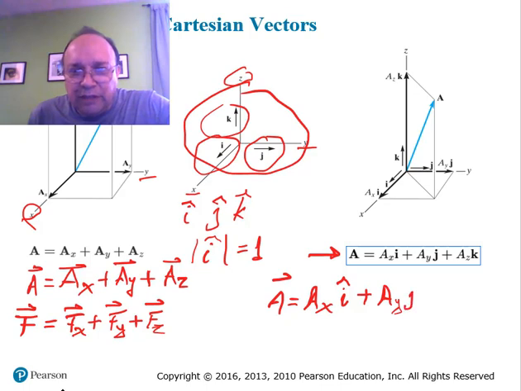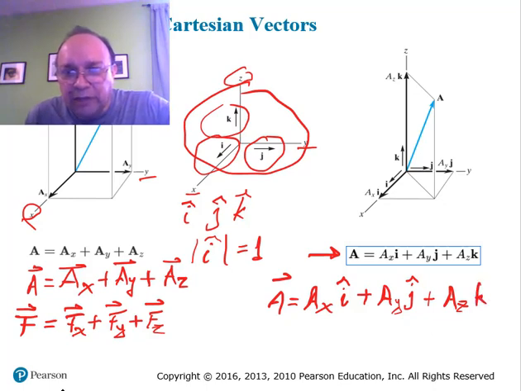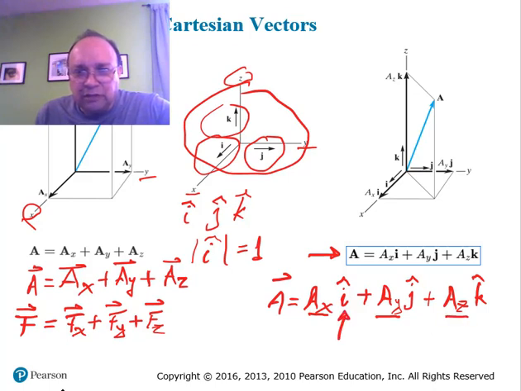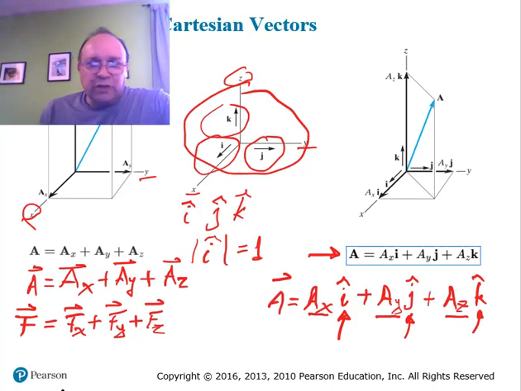The direction is given by the unit vector j, plus the magnitude of the component in the z direction, which is A_z without the hat, just the magnitude, multiplied by the direction, that will be k with the hat. So this is magnitude, this is magnitude, this is magnitude, this is direction, this is direction, and this is direction. We are going to be using this way of representing vectors. It's going to be very common when we are dealing with vectors in 3D.